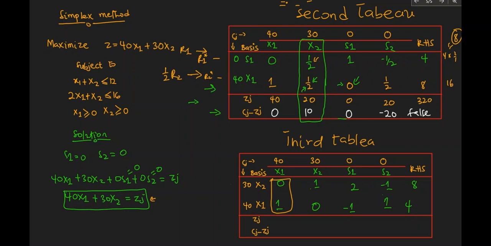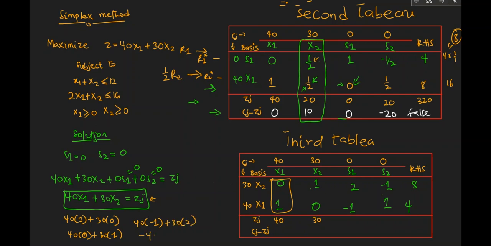You are going to have 40 multiplying 1 plus 30 multiplying 0, and then you are going to get 40. For the second value, you are going to have 40 multiplying 0 plus 30 multiplying 1, which gives us a value of 30.